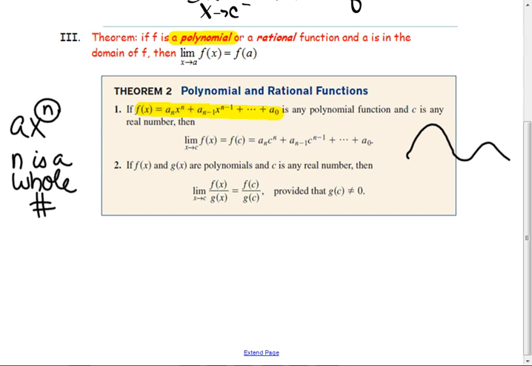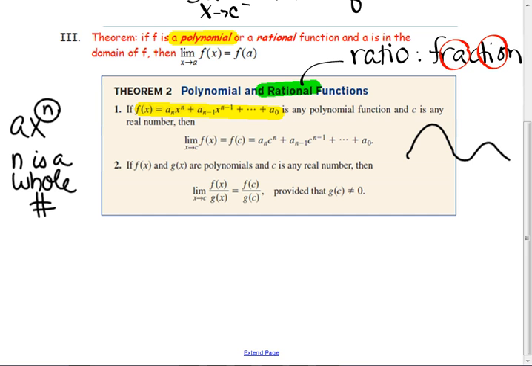Now, a rational function, you know what a rational function is? That's this guy right there. It has to do with ratios. You see the word ratio in rational. And what's an easy word for ratio? Fraction. And you see the word ratio in the word fraction, at least I do. R-A-T-I-O. Don't think that's by accident. I think the derivation of the word probably is connected.